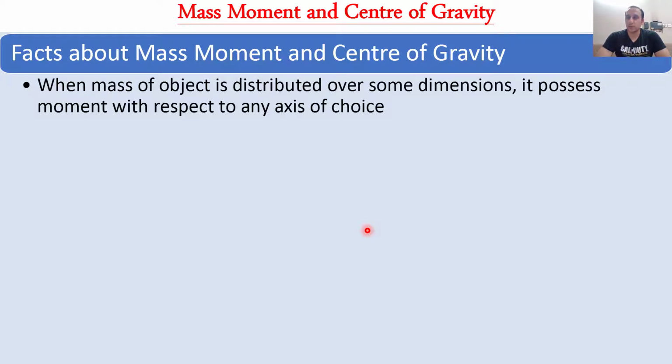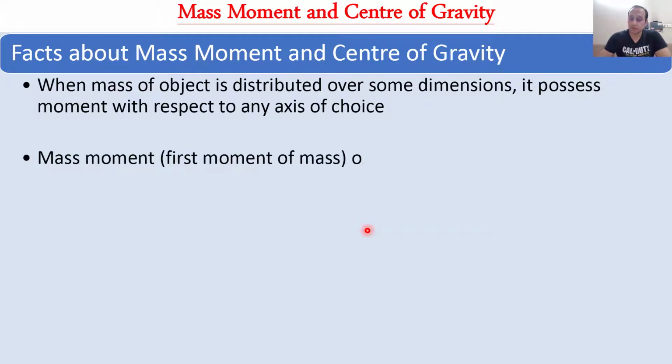That property is known as mass moment. It depends on which axis we are interested in.